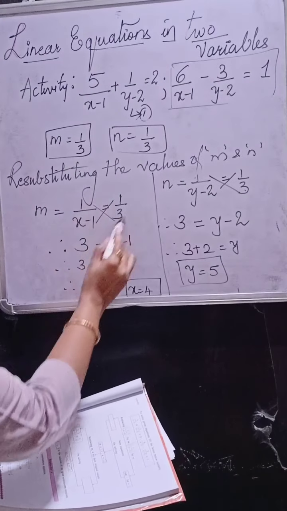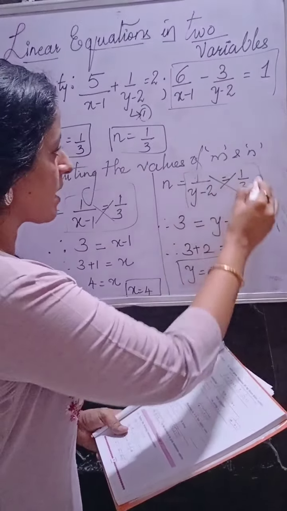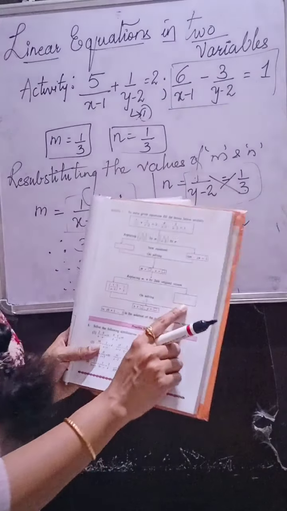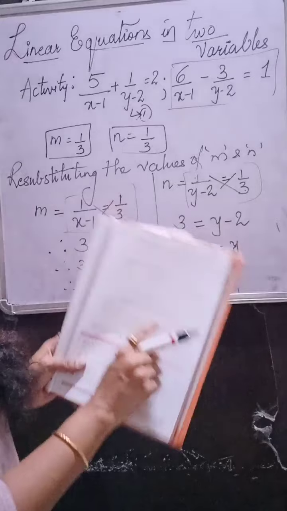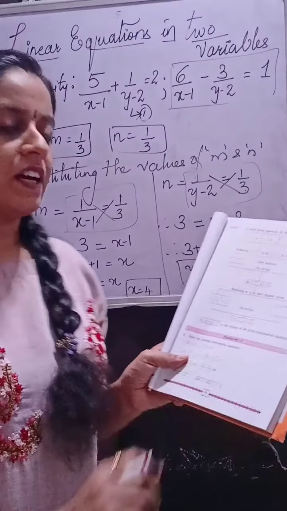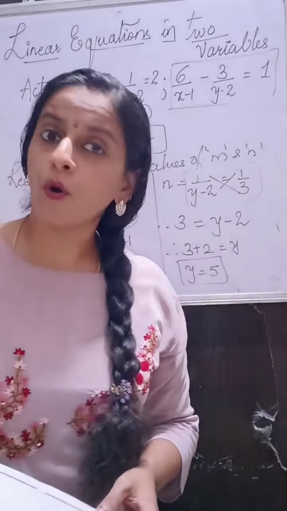This step they have shown. This is given. Now we have to write this step. 1 upon y minus 2 is equal to 1 upon 3. That you will write here in this part. So how much is x? x we got as 4 and y as 5. Final answer is the solution of simultaneous equations. I hope all of you understood it.